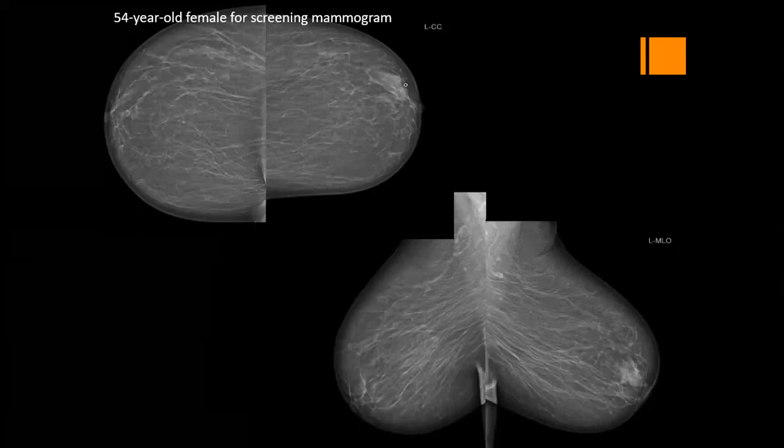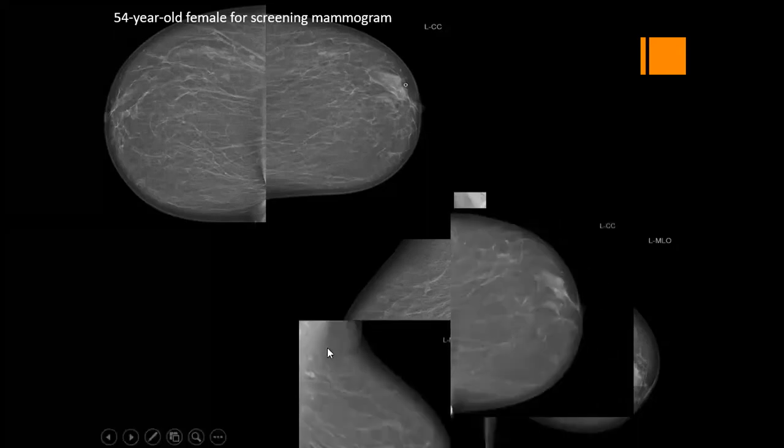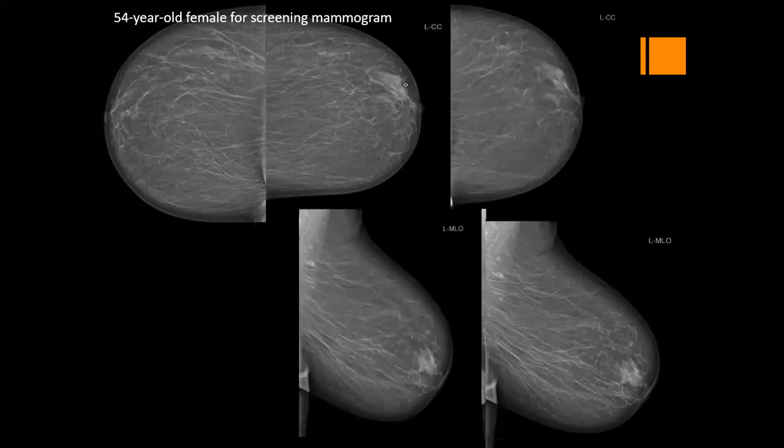I'll show you the previous images from 6 months ago. This is the previous. I think it is stable in previous images.